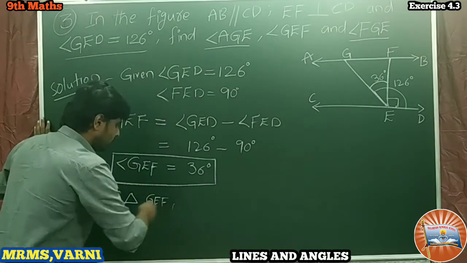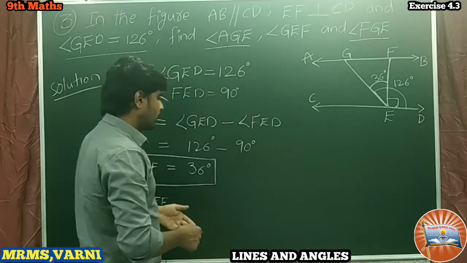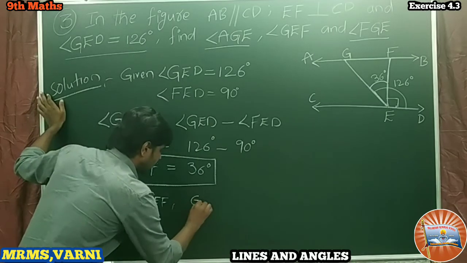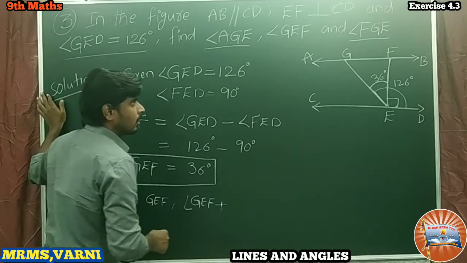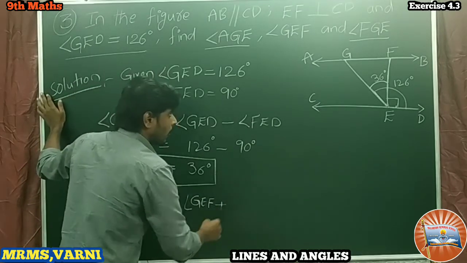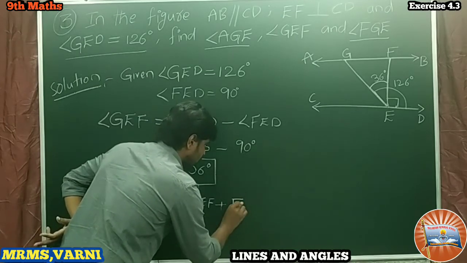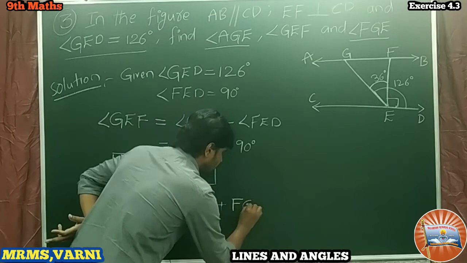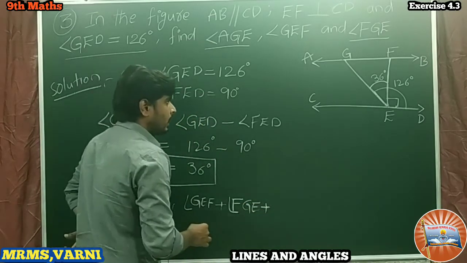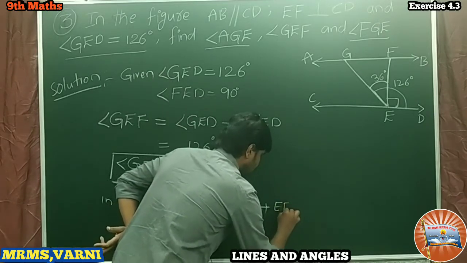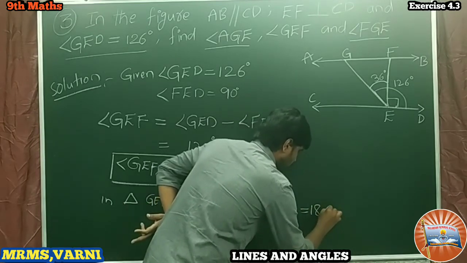In triangle GEF, with the sum of interior angles property, I am writing angle GEF plus angle FGE plus angle EFG is equal to 180 degrees.